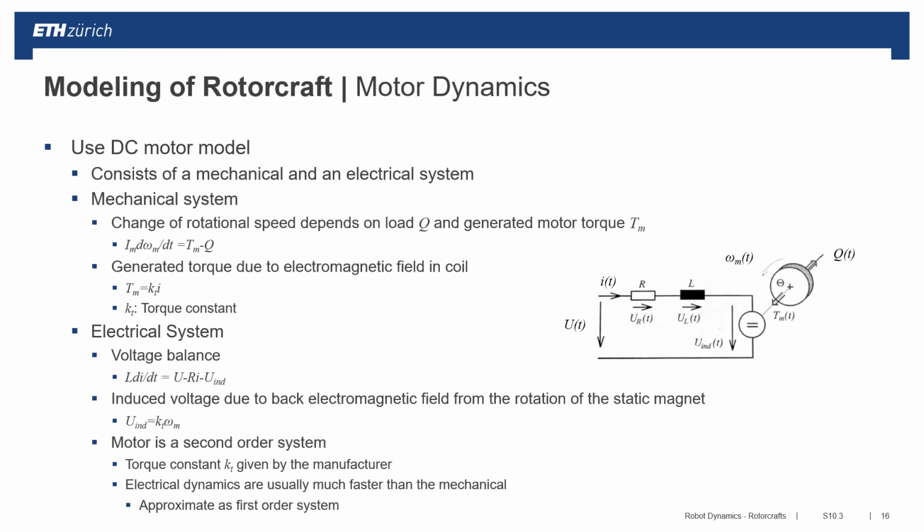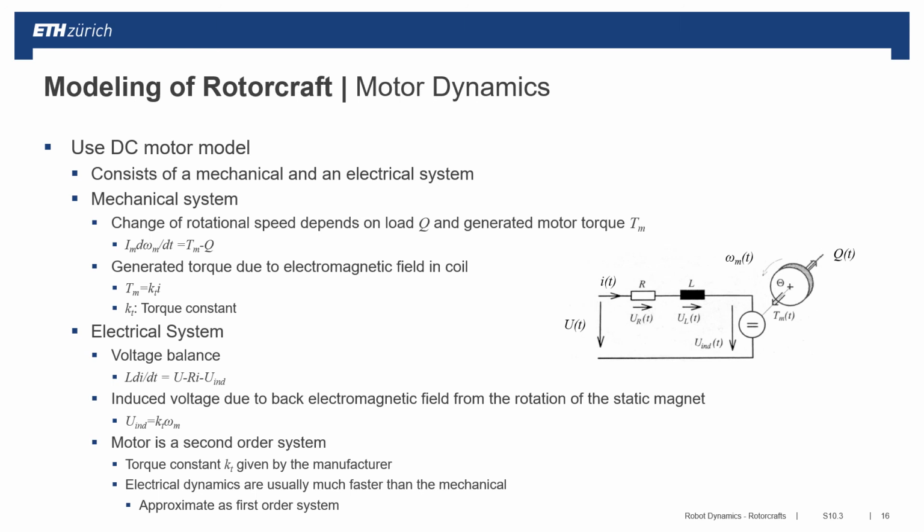The electrical system is a typical voltage balance, so you have the inductance multiplied by the derivative of the current in the coil equal to the voltage in the coil minus the resistance multiplied by the current and minus the induced voltage.